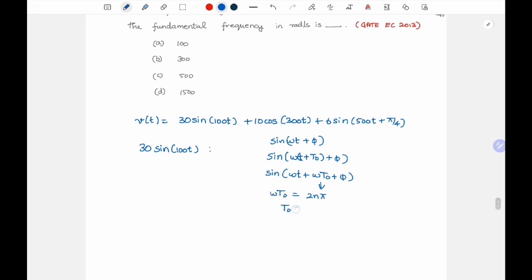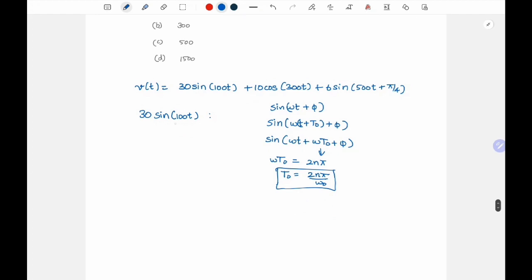So what will be t naught? T naught is 2n pi by omega naught. So for 30 sine 100t, I'll take t naught 1 as 2 n1 pi by omega naught. Omega naught here is 100, correct? And for 10 cos 300t, what will be t naught 2?